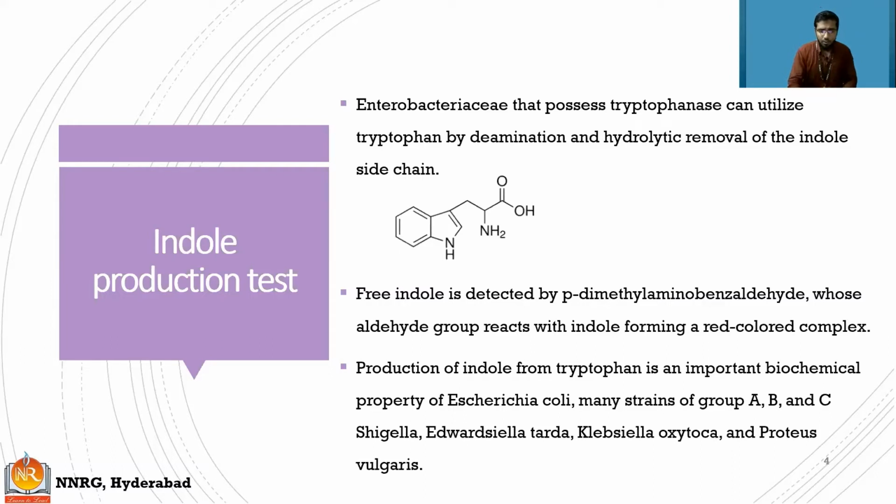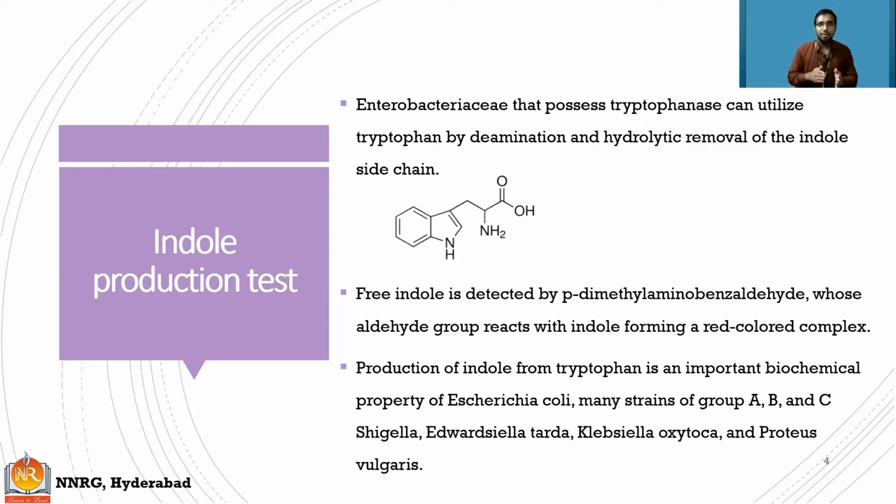So you can see here this is the structure of tryptophan. This is the basic skeleton of an amino acid, and this one, the bicyclic one, is the indole ring. What happens is tryptophanase causes deamination of tryptophan. What do you mean by deamination? Removal of amino group.